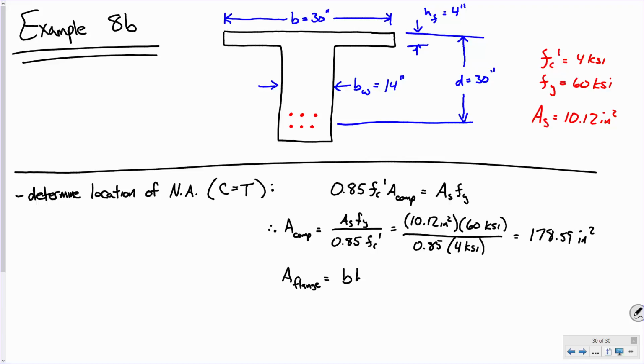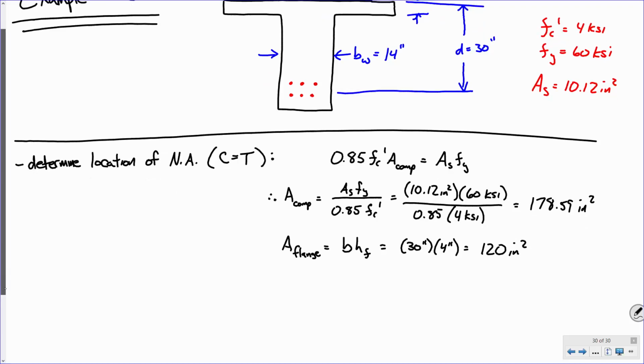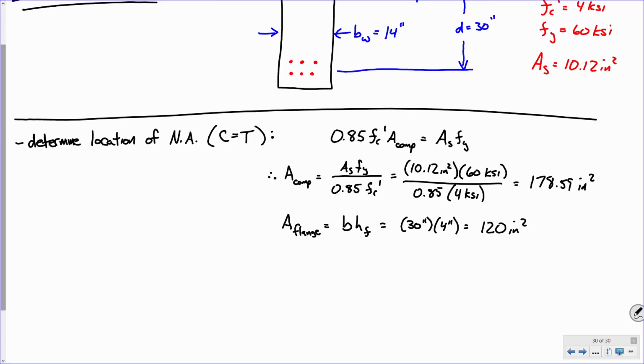It's b times hf, which is 30 inches. Right? Make sense? So that means what? We're dealing with a true T-beam, right? So I'm going to draw some sort of symbolic dimensions and see what we can get with this.